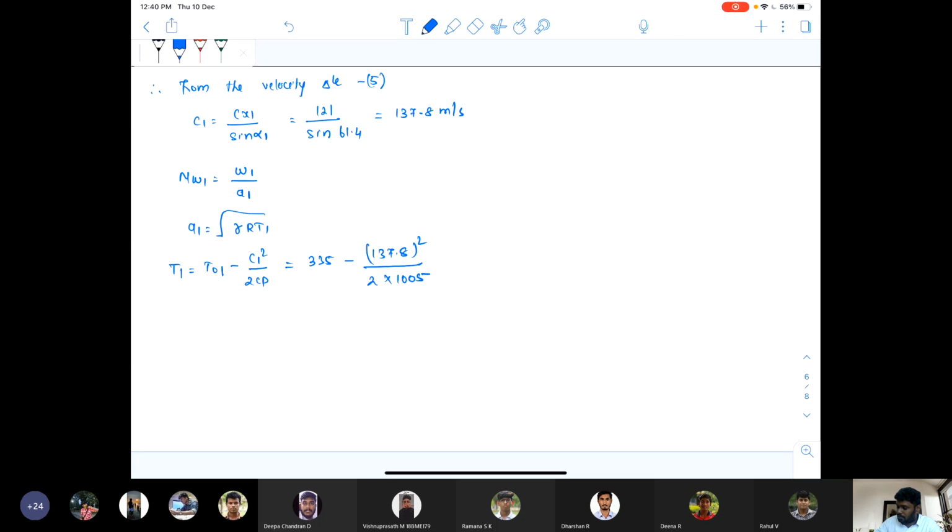The value of T1 will be equal to 325.553 Kelvin. Therefore, there is a change in the temperature when we consider the inlet guide vane section for the inducer section.